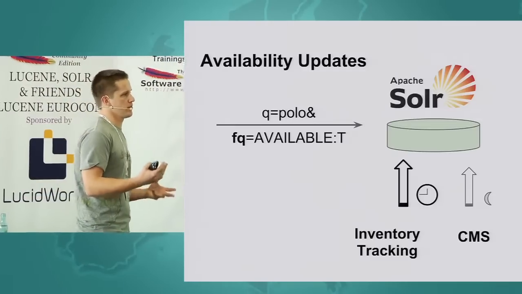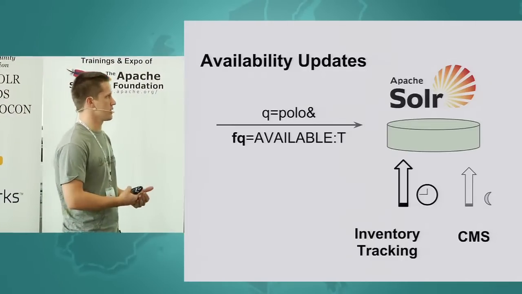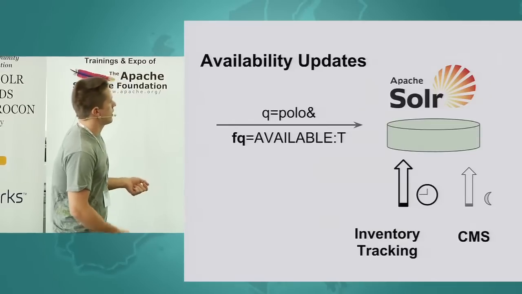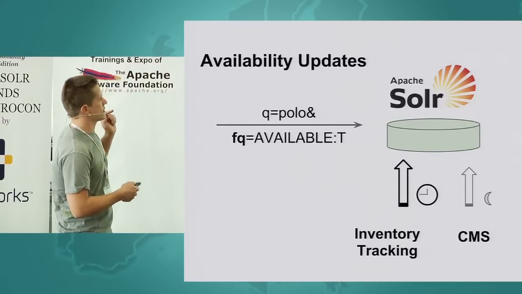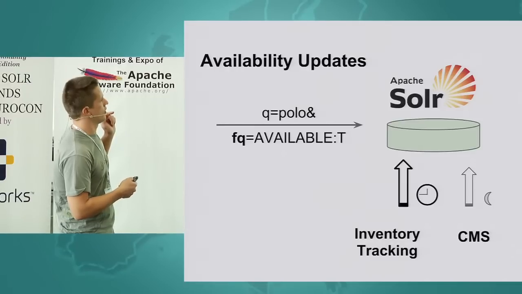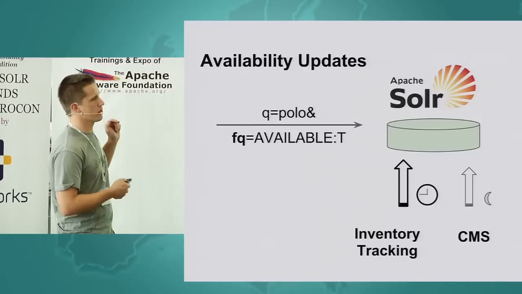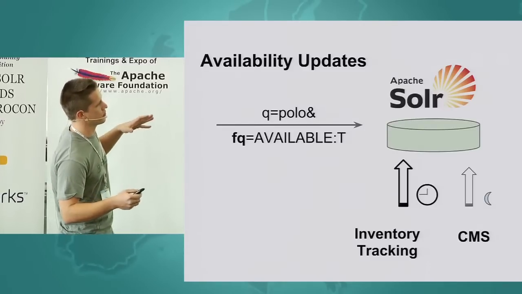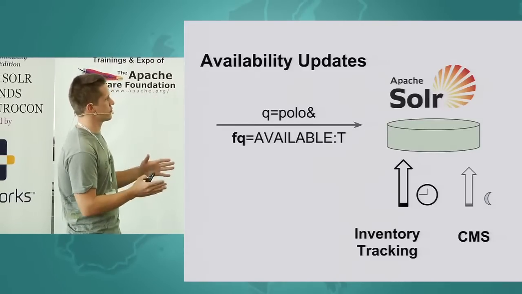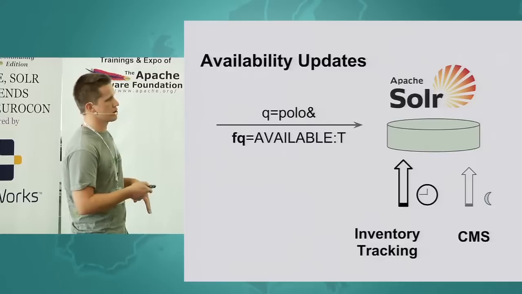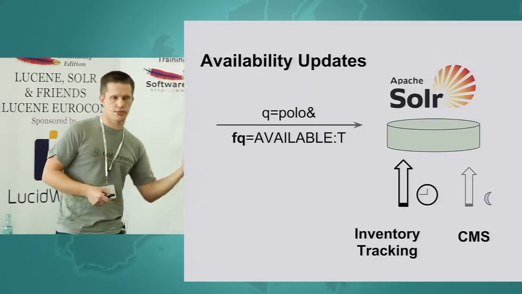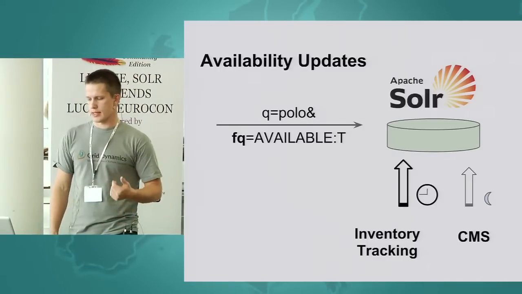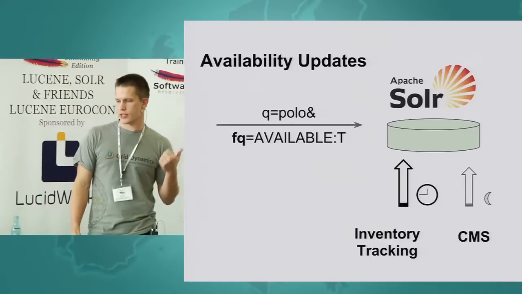That's actually the problem of availability updates in e-commerce sites. And from the query side, right, what do we do? To every user search, we just add a filter query, right? When we want to reduce the scope of searches to available products only. We don't need to find unavailable products, as I just did.